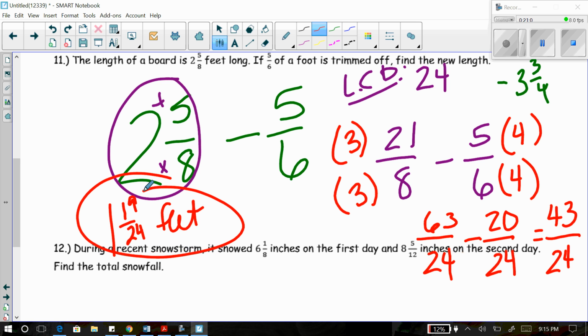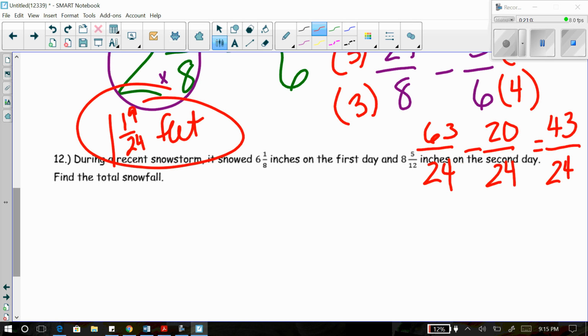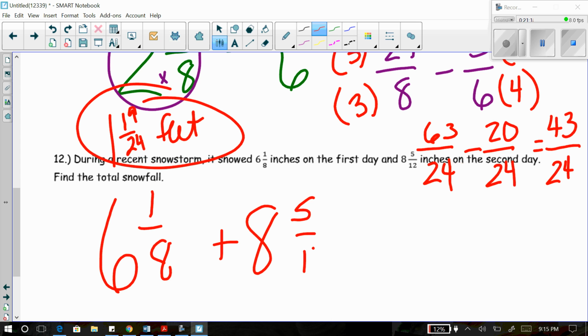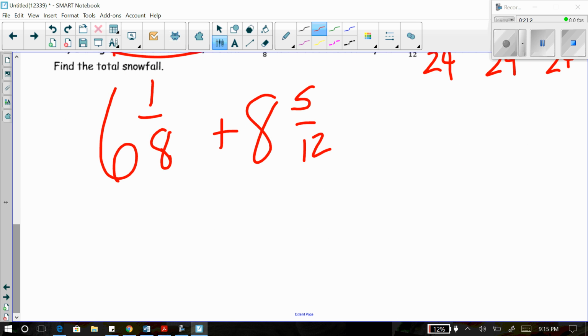And last one, during a recent snowstorm, it snowed 6 1/8 inches on the first day and 8 5/12 inches on the second day. Find the total snowfall. So that means we'll take our day 1, add our day 2. Let's see how many inches of snow we got. So let's change all of our mixed numbers into improper fractions.